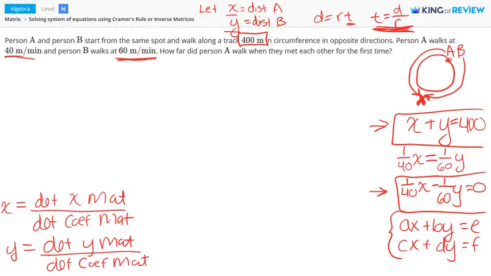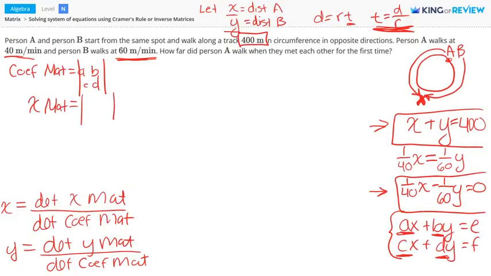So let's set up our matrices. Let's start with the coefficient matrix. Well, the entries in the coefficient matrix are going to be the coefficients of our x and y terms. So A, B, C, and D. Our x matrix, the first entries are going to be E and F, and you can see that E and F are the constants of our linear equations.